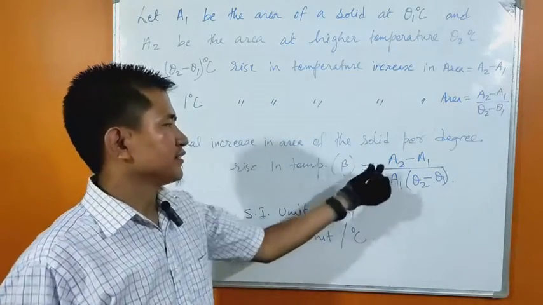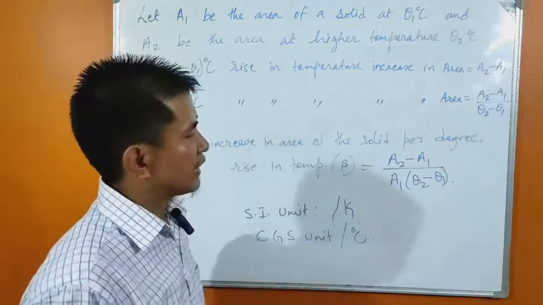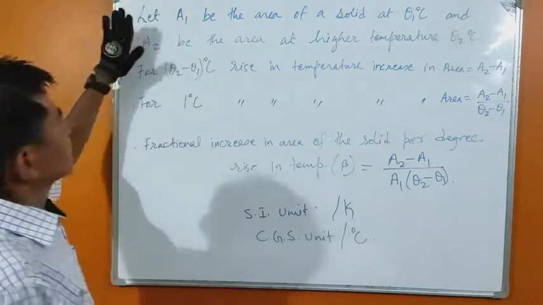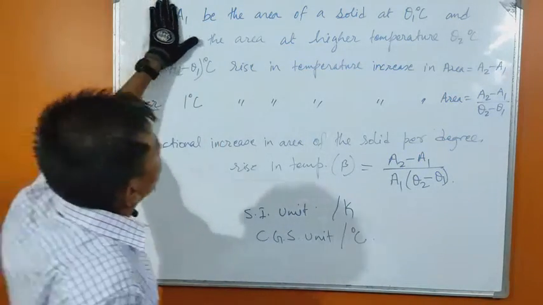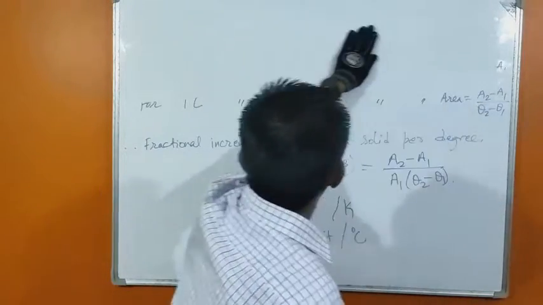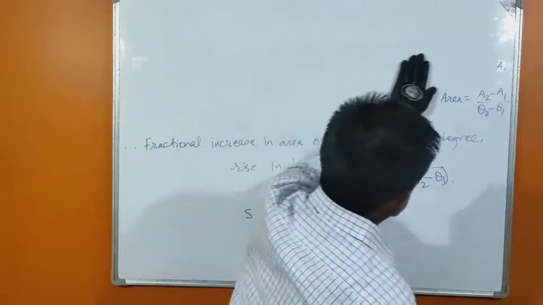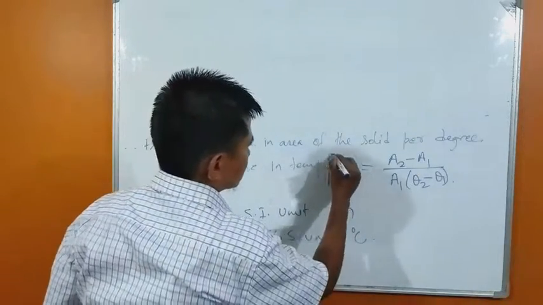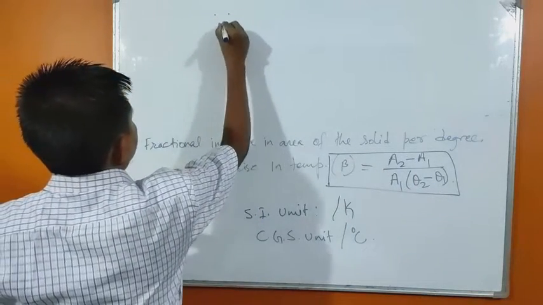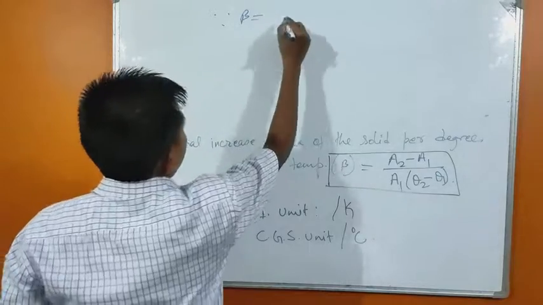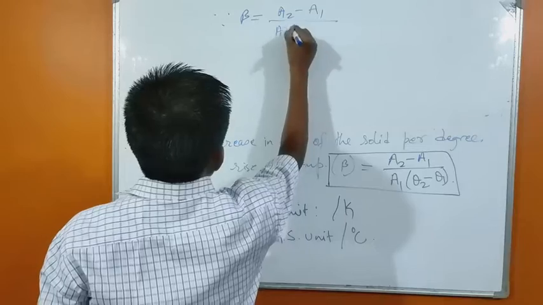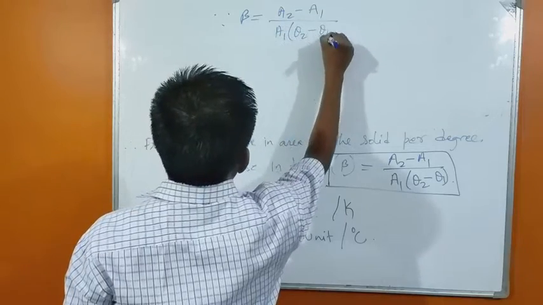Now let us find the new area A2 of the solid. Let me erase this. Please take the screenshot of this. Okay, we will move on to find the increased area A2. From this expression for the coefficient of superficial expansion, we have beta equals A2 minus A1 upon A1 into theta 2 minus theta 1, isn't it?